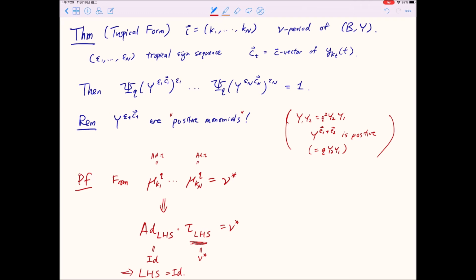So this is the left hand side, and you will get that the left hand side, because the adjoint is identity, and one can argue that there's nothing that commutes with all the variables, so the thing that you conjugate has to be identity also. And so let me just write that down here. Yeah, so please just look at the paper for more details.